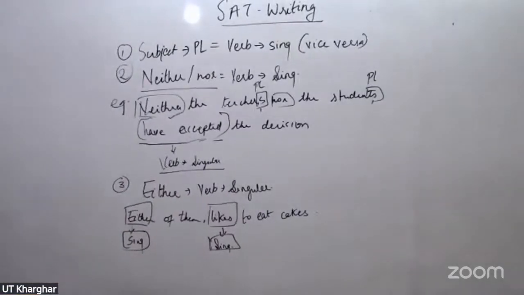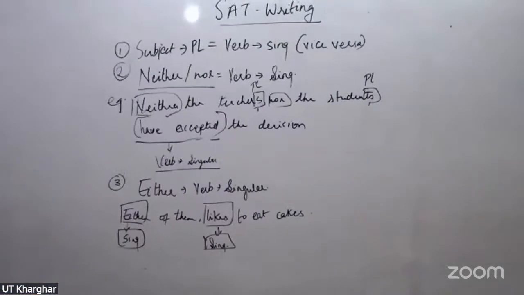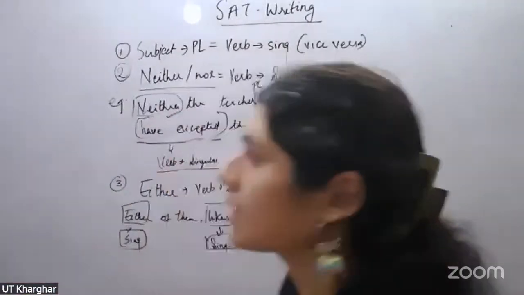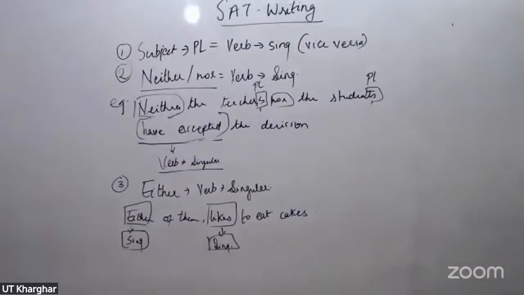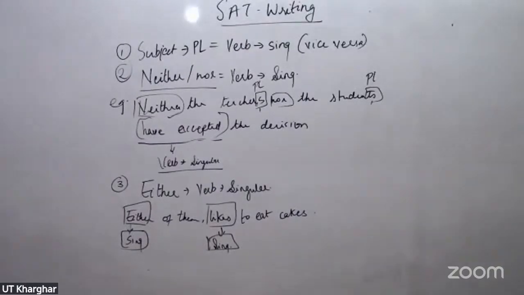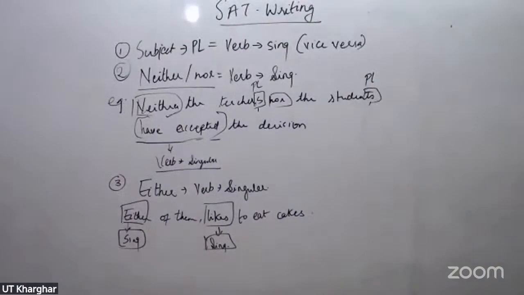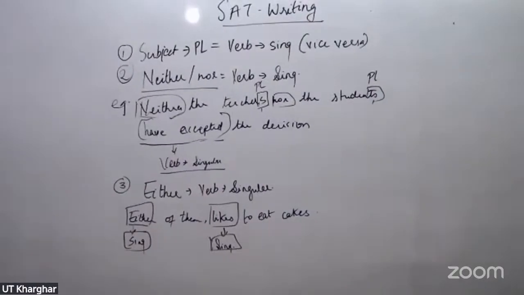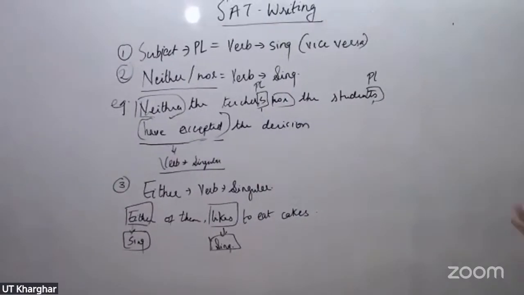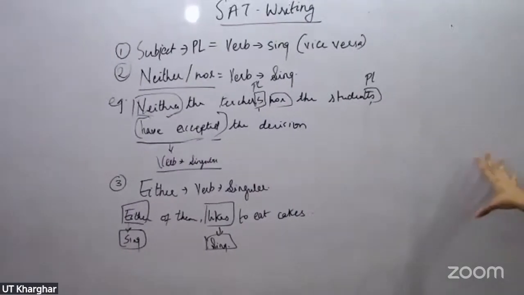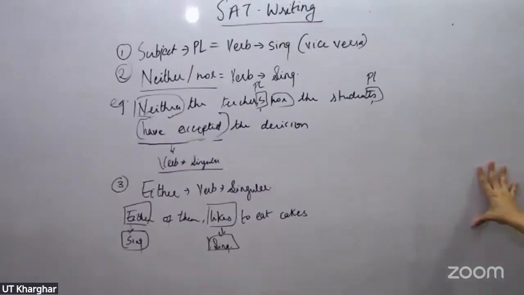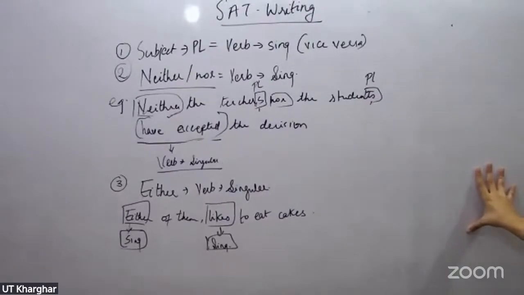Do you have any doubts till now? I'll give you some more examples. Should I erase this? If we are not able to see in the SAT writing section, it is very difficult to solve questions in the class. So what I always do, I will just explain the theory to you. I'll give you some example questions, and whatever I'll ask you to solve, you have to solve it from home because you will not have time to solve it in class.